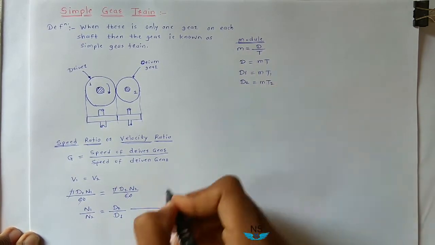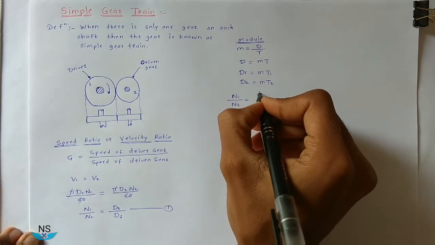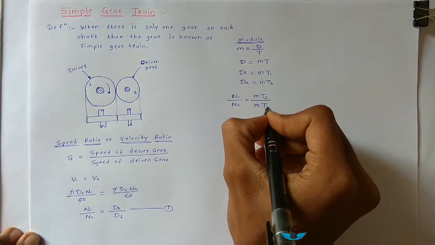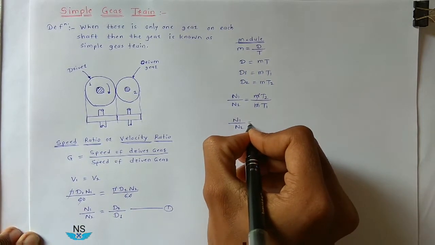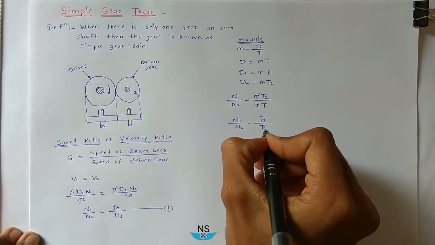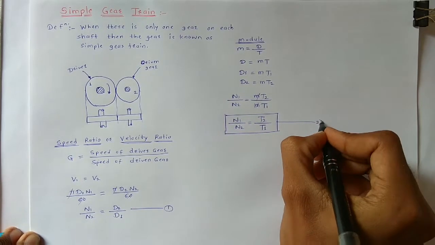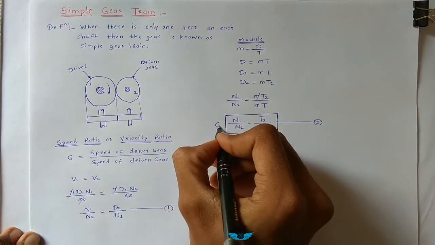Put these two values in equation 1. We get n1 divided by n2 is equal to d2 which is m t2, divided by d1 which is m t1. M cancels. So n1 divided by n2 is equal to t2 divided by t1, which is the velocity ratio or speed ratio of gear, G.